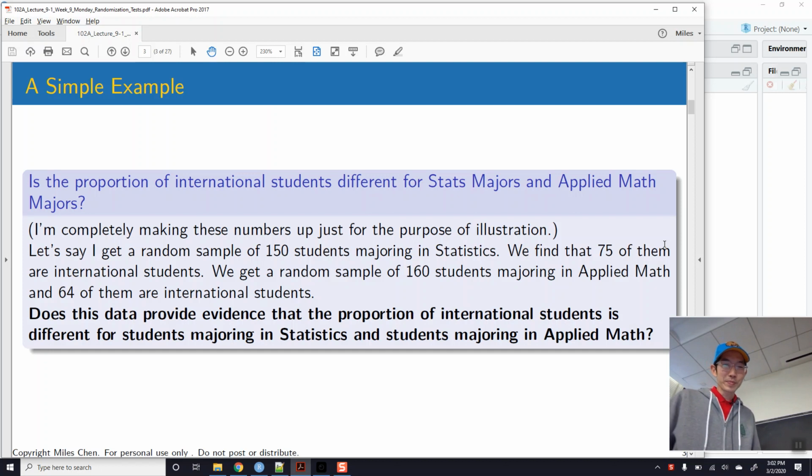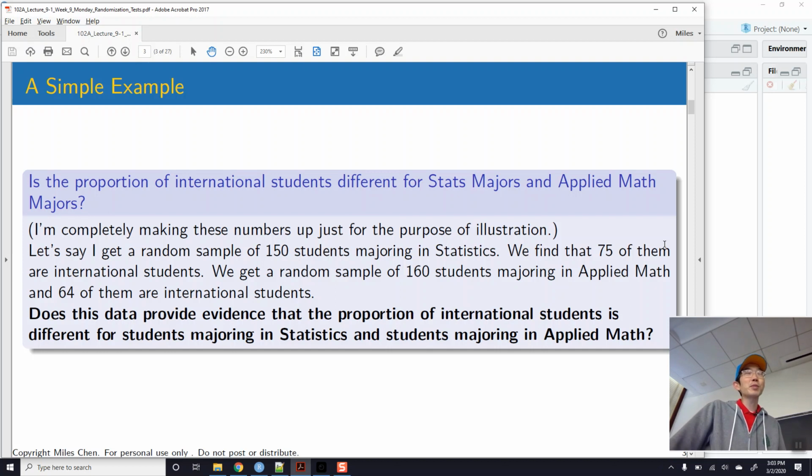So here's a simple example. Is the proportion of international students different for stats majors and applied math majors? I'm completely making these numbers up. I haven't asked for any data. Let's say I get a random sample of 150 students majoring in statistics, and we find that 75 of them are international.